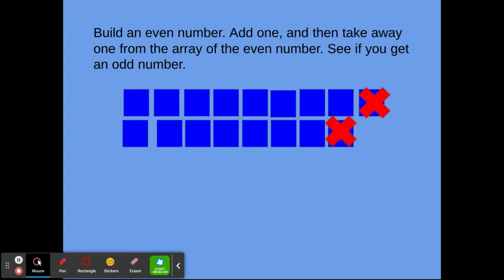What if we took another one away? There's one sticking out, correct? So now we have 15 left. Is 15 an even or an odd number? All right, 15 is an odd number because one of them will not have a partner.